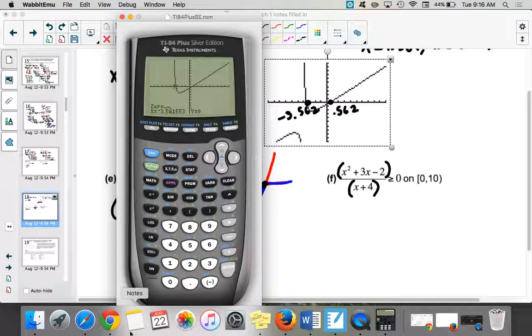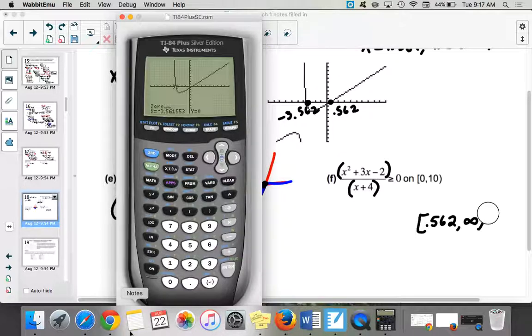Now we want to know where it's greater than or equal to 0. So what do you guys think we're going to write for interval notation on this one? 0.562 to infinity. Ah, 10. He's saying 10. Why does he say 10?